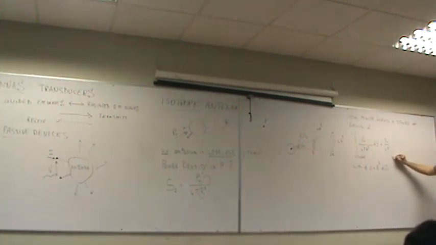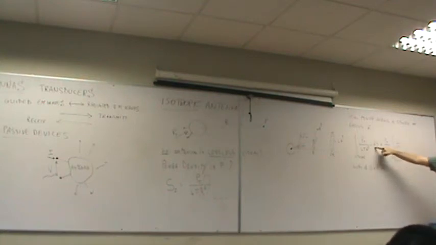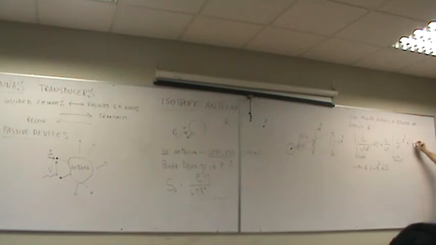So you can replace this with 1 over r squared times r squared d omega. Those simplify themselves. And the integral of the elemental solid angle over the whole solid angle, you know what it is, maybe, is 4π.